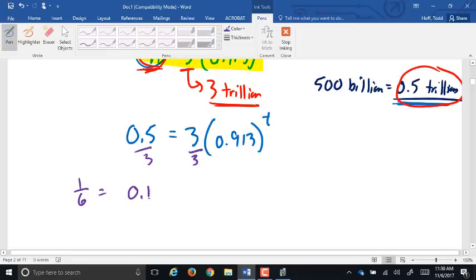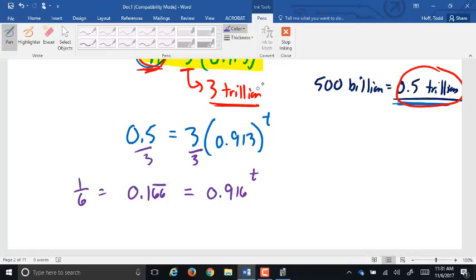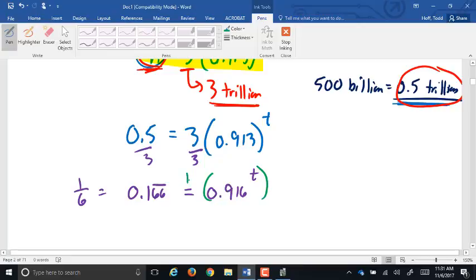It should be 0.1666 or 0.1667. Yep. Log base. Perfect. I don't know why I put 916 in there. That should be 917, shouldn't it? Or 913.